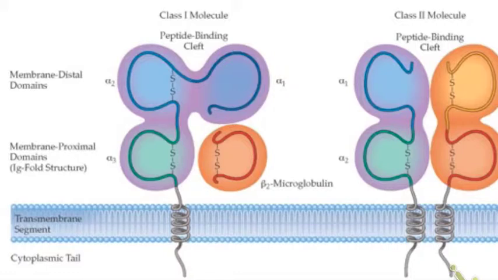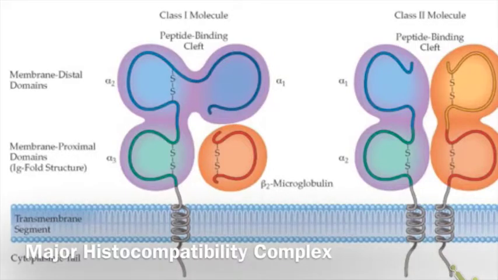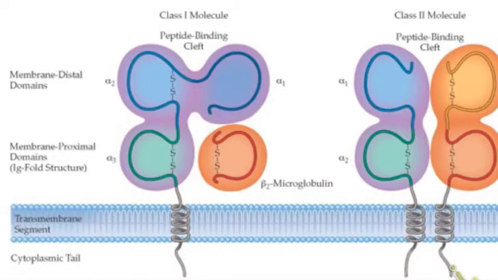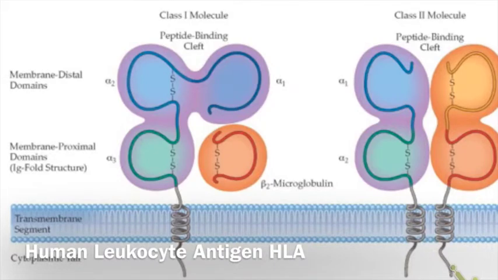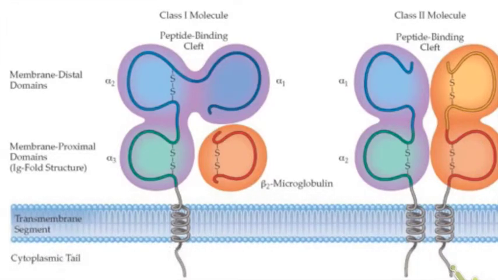MHC stands for Major Histocompatibility Complex, and it's also known as the human leukocyte antigen. There are two major types of MHC protein molecules, Class 1 and Class 2 MHC. For this particular video, we're only going to review Class 1 MHC processing.